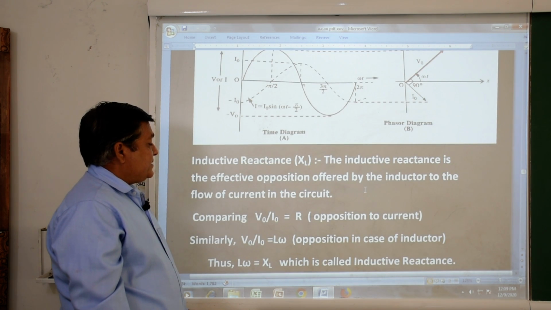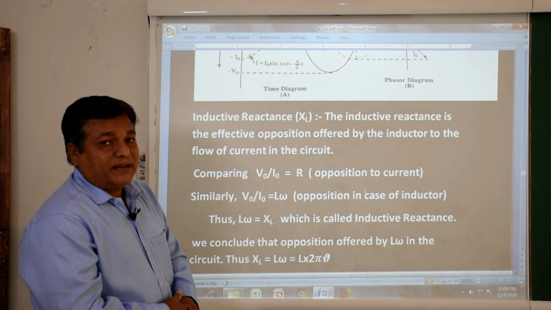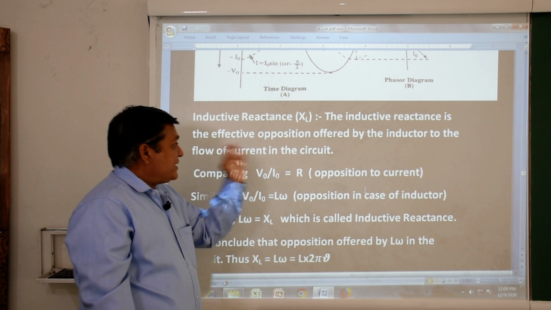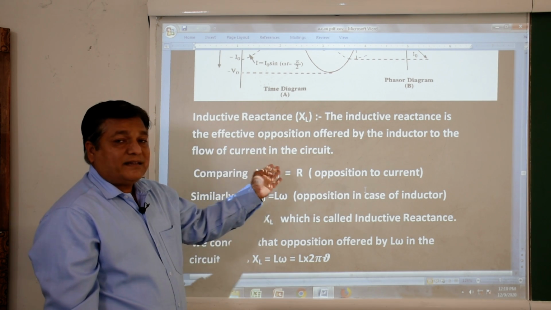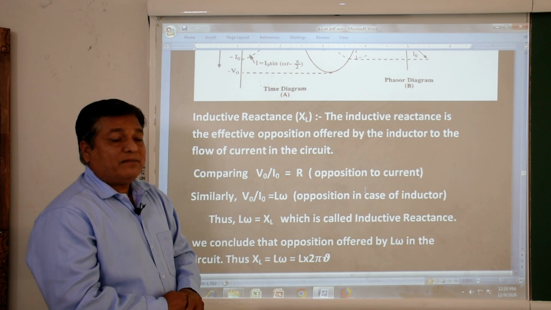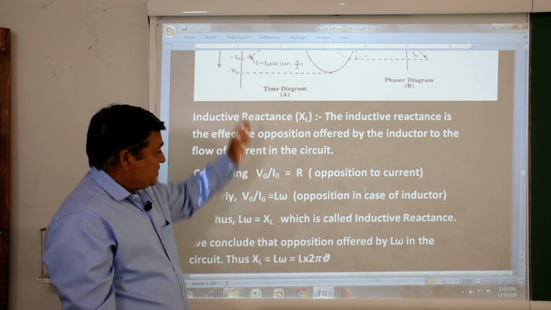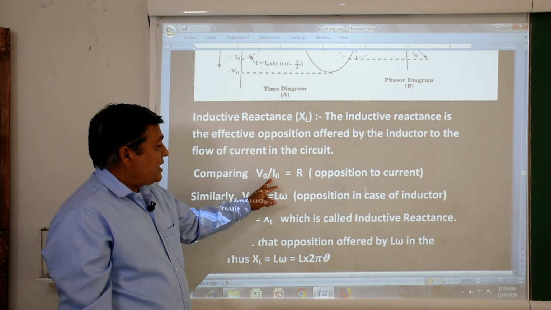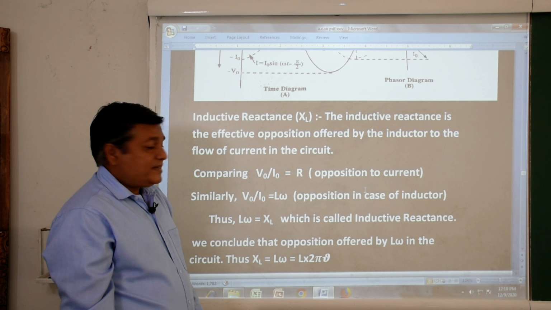Inductive reactance, the opposition created in this type of circuit. Inductive reactance is the effective opposition offered by the inductor to the flow of current in the circuit, and we denote it by XL. When we compare the expression by maximum voltage and maximum current, V naught upon I naught will become R in the above circuit of a resistor.